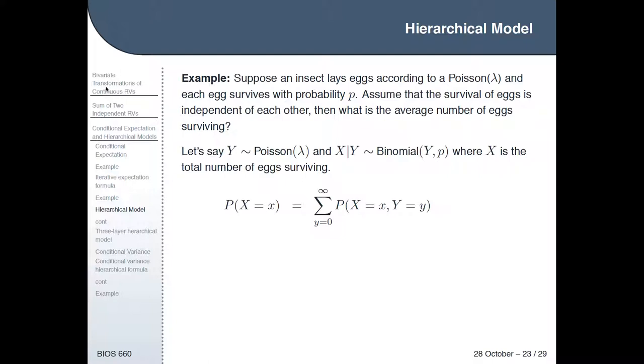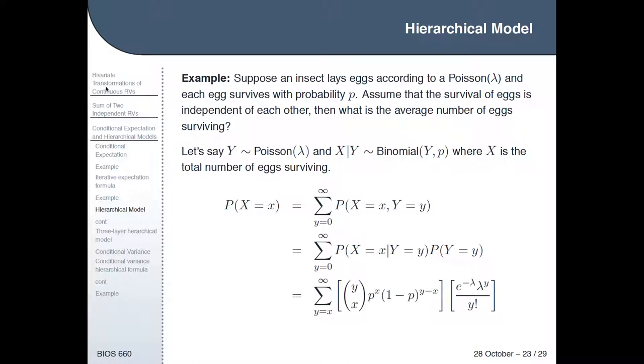So to find the marginal distribution of x, we can take the joint density of x and y and sum over all possible values of y. And that joint density can be written in terms of the marginal density for y and the conditional density of x given y, both of which we know how to calculate.